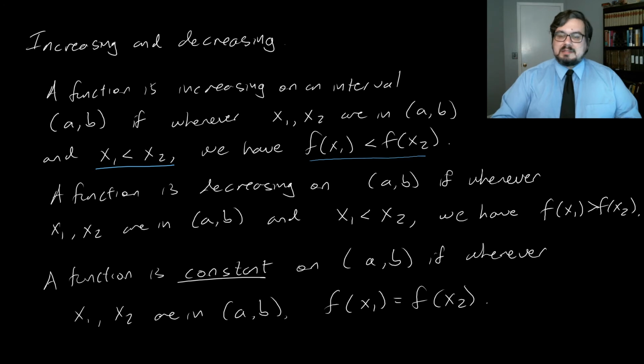What this means is that on this interval we have a graph that looks basically like this, that's sloping upwards when we read it from left to right. Similarly, a function is decreasing when the function is sloping downwards when we read from left to right. And a function is constant when it's flat when we read it from left to right.